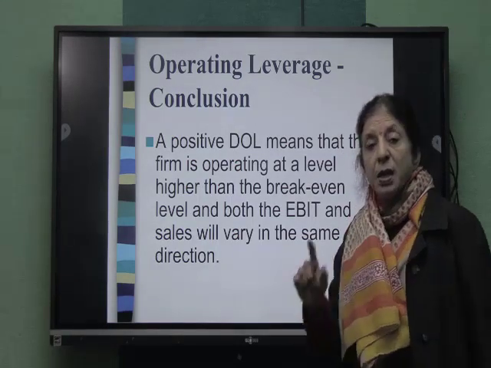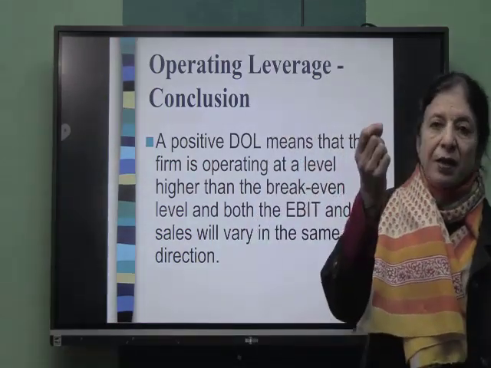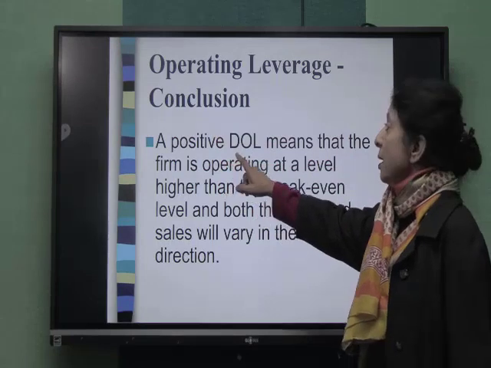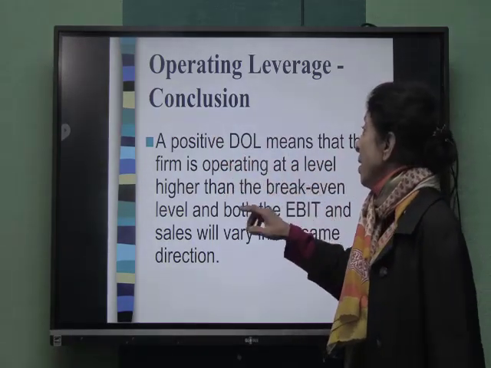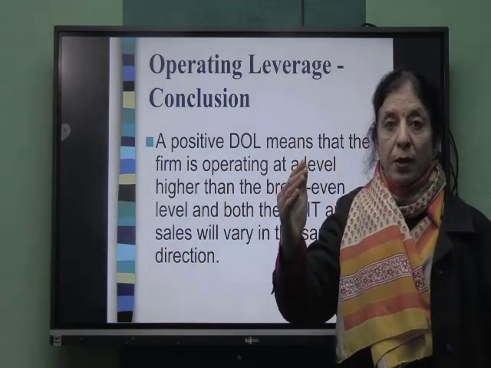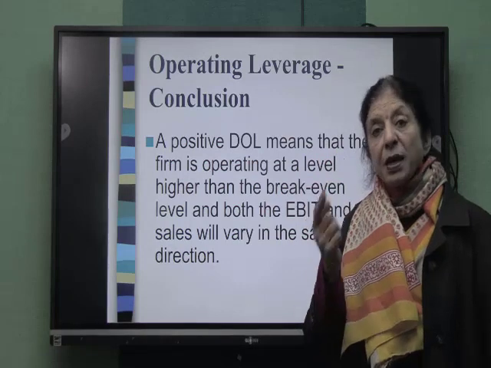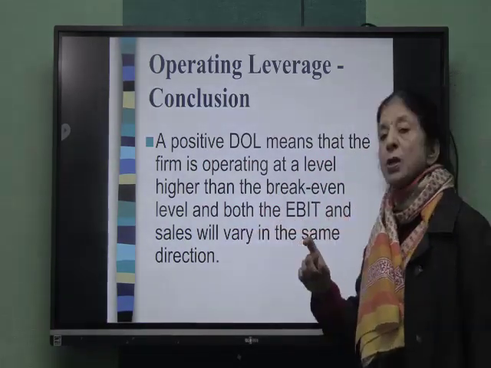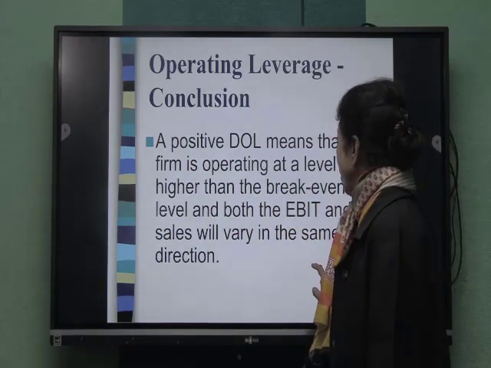Therefore, suppose it comes out to be positive. There can be two situations. One, it can be positive. Another, it can be negative. A positive DOL means that the firm is operating at a level higher than the break-even point. Why? Because after the break-even point, there is a profit. But if it is negative, then it shows that it is operating below the break-even point. Okay?